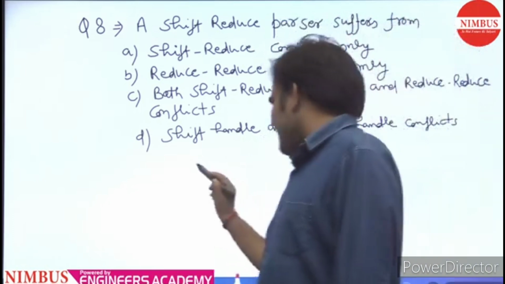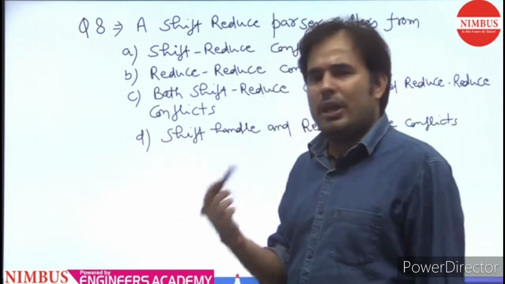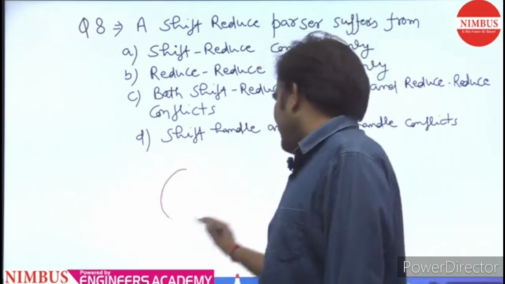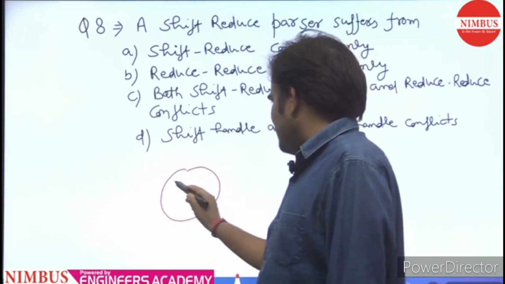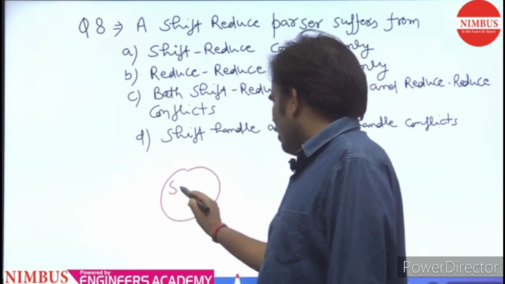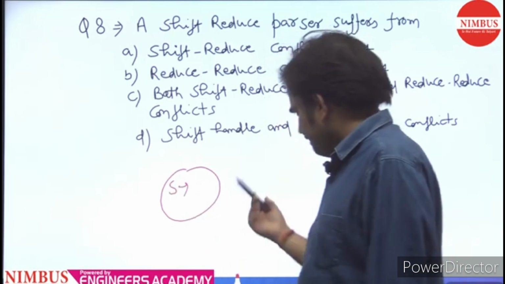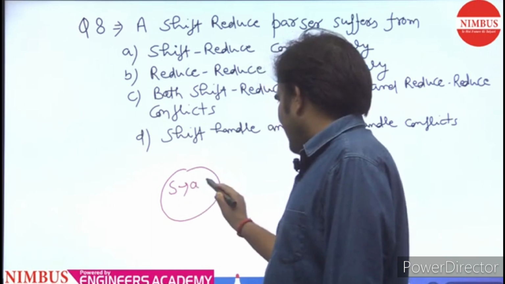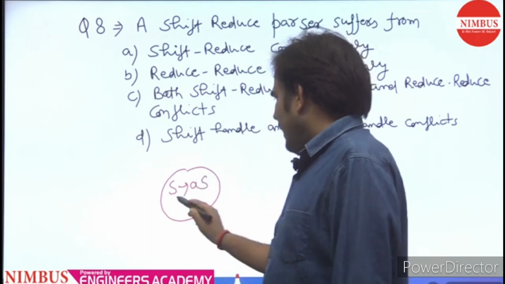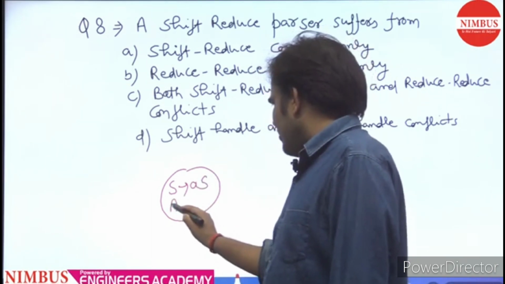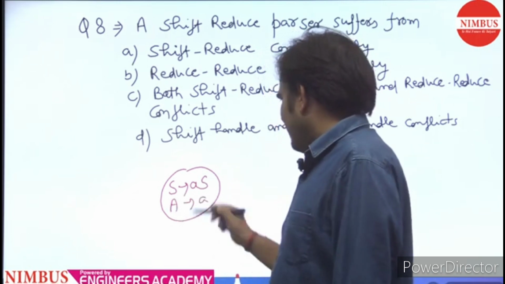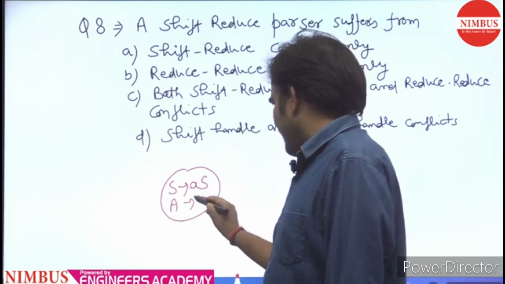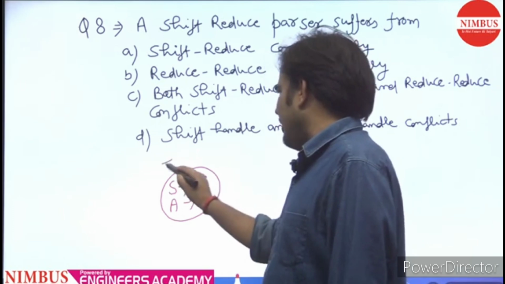So suppose in any state, during the calculation of canonical items, you have a production like this. S tends to A S, and here you have A tends to this A. Like that type of production you have in any canonical set of item states.